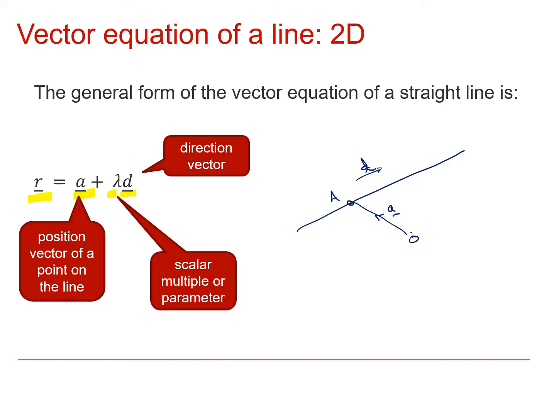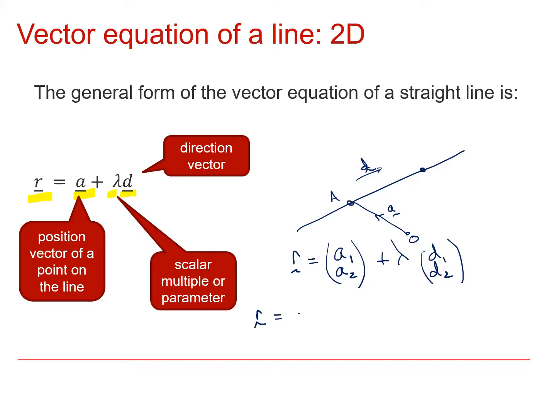So in order to get to a point on the line, you need to go from the origin to a point that you know on the line, so that's follow a, and then step up the line by some multiple of d. And the vectors could be written as column vectors, so that's a1, a2, plus lambda lots of d1, d2, for instance, or they could be written in ij form.